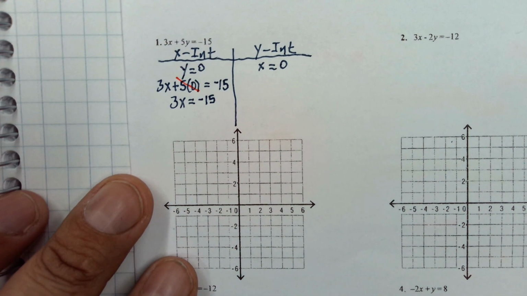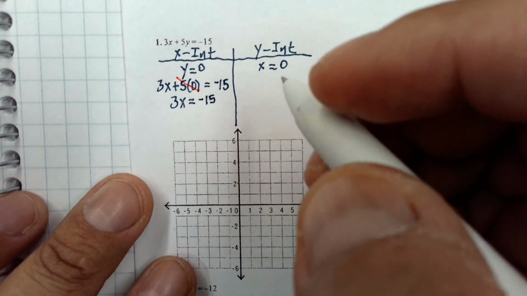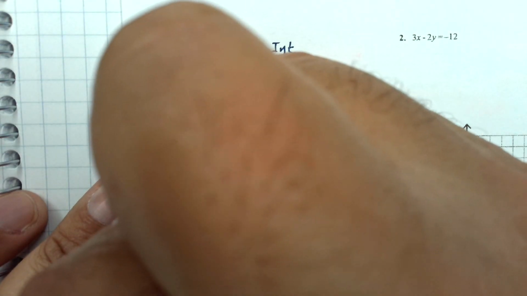So I want to solve that. What should I do? Divide by 3 to cancel this. Now all I have to remember or know is what's negative 15 divided by 3? Negative 5.